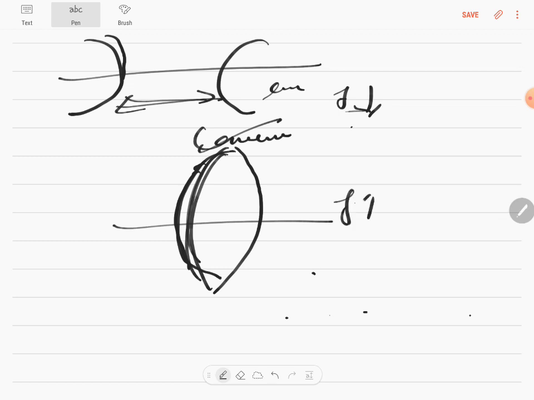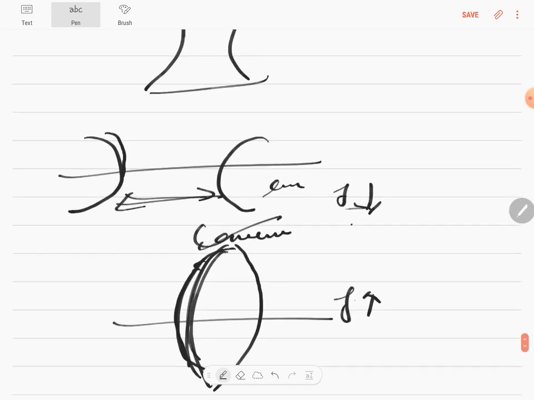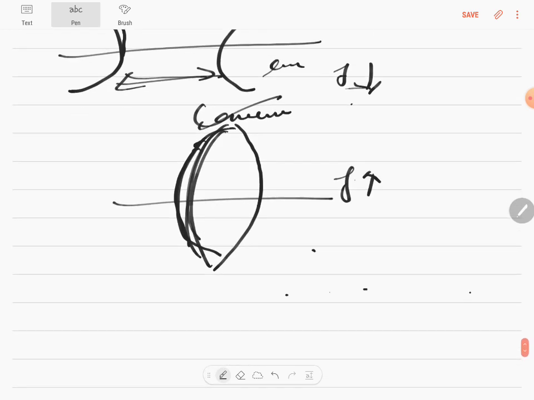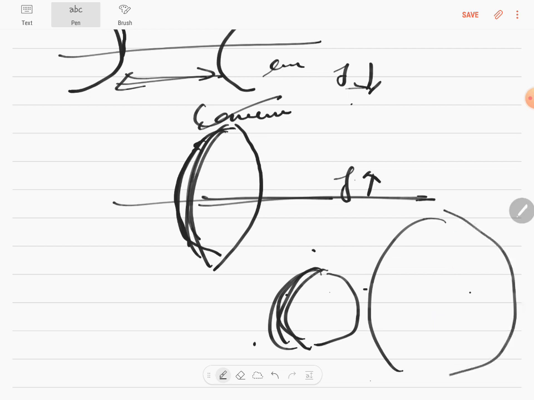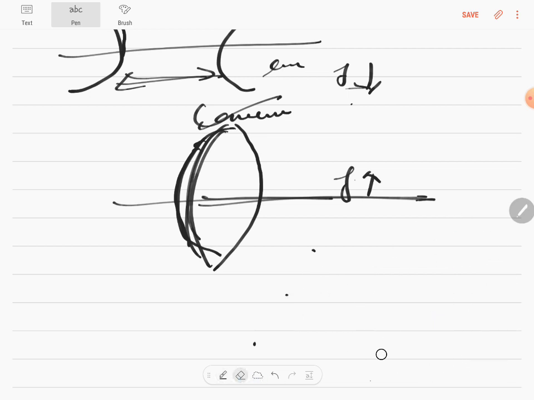I'm not very confident about this, and that's what the answer says. I'm just trying to think: if I have to increase the focal length, why can't I make it like this? If I have to make it thick, I have to increase the curvature, therefore the focal length increases.